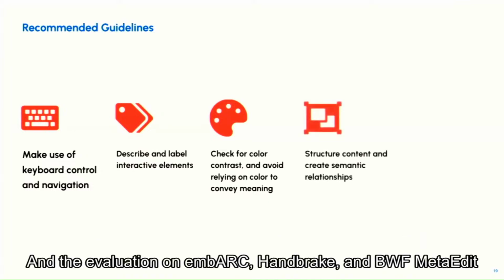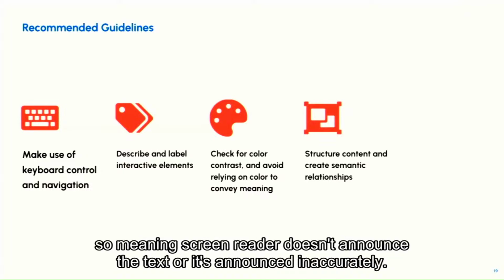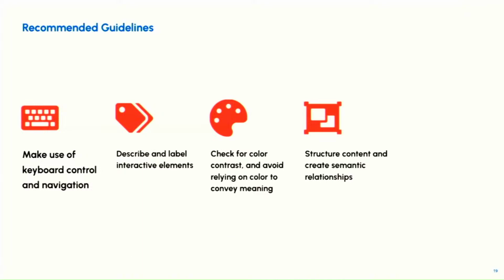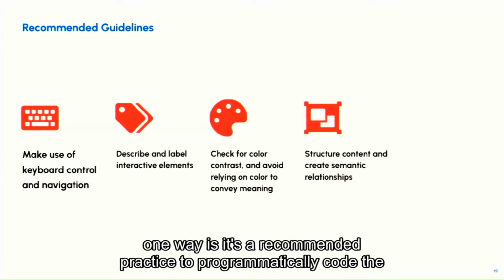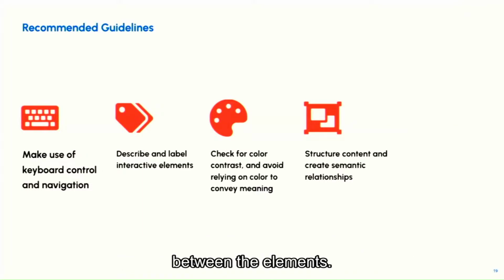The evaluation on Embark, Handbrake, and BWF MetaEdit pointed to issues related to static text not being accessible by screen readers, meaning the screen reader doesn't announce the text or it's announced inaccurately. To address this, a recommended practice is to programmatically code the roles of interactive elements and make explicit relationships between the elements.